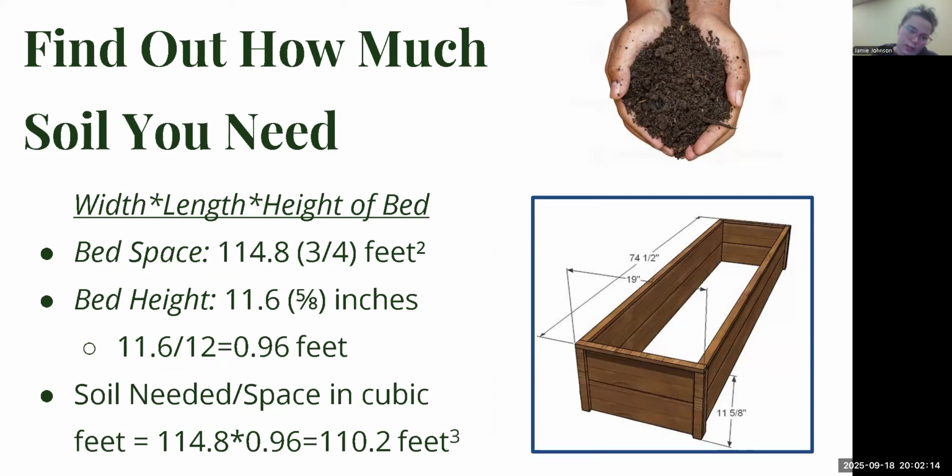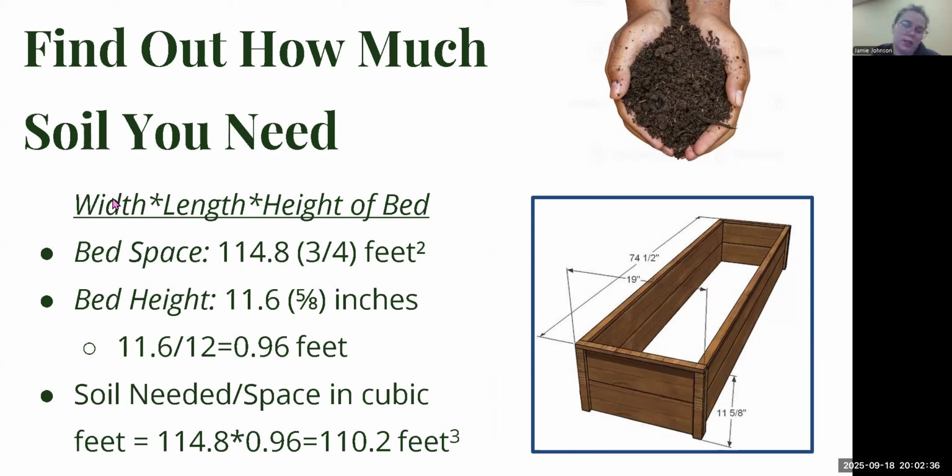And so we do that by finding cubic feet. Cubic feet is width times length times height of said bed. We know our bed space is 114.8, or 3/4 of a foot squared.